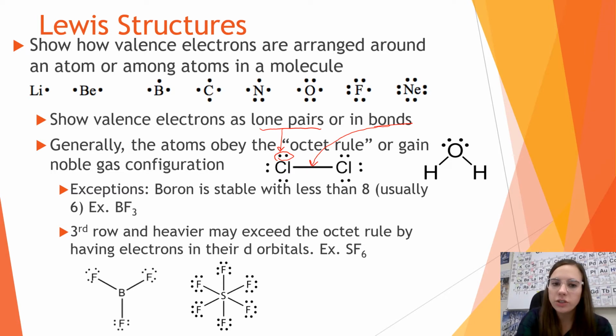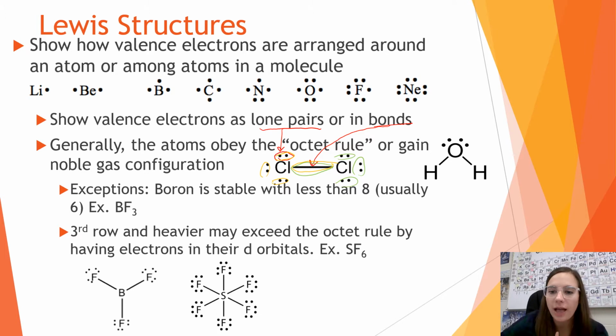What these 2 chlorines have done now is they each have 1, 2, 3, 4, 5, 6, 7, 8 electrons. So by sharing that, they now have each 8 electrons around them. That's what we mean by that octet rule. Now we do have some exceptions.